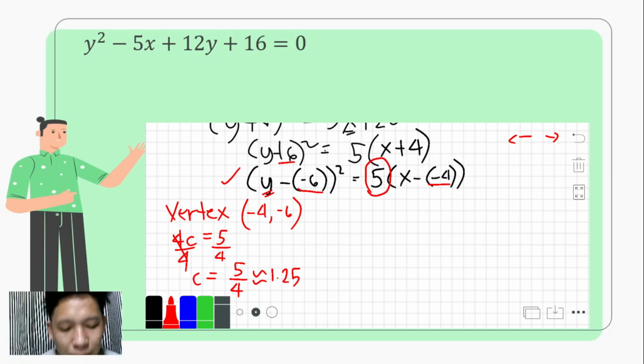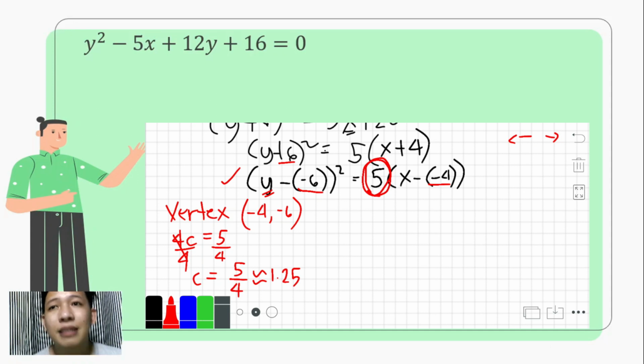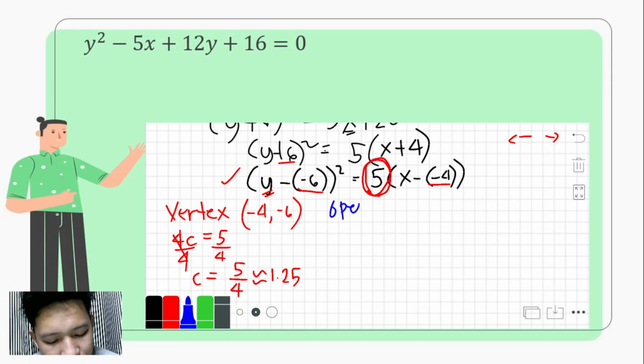And since the 4c here now is positive, then the opening of the parabola is towards the positive x-axis. Hence, our parabola actually opens to the right. Okay?